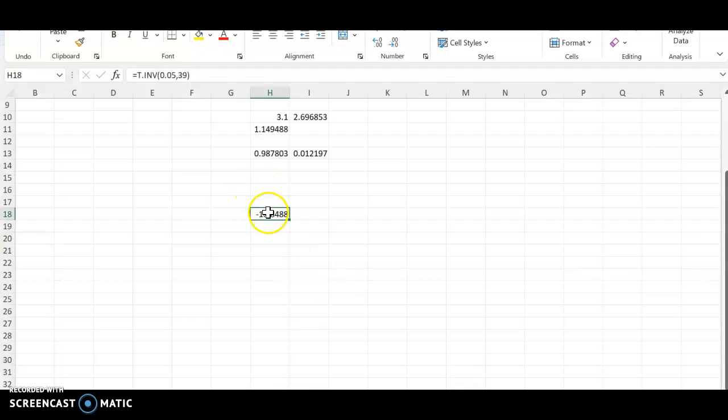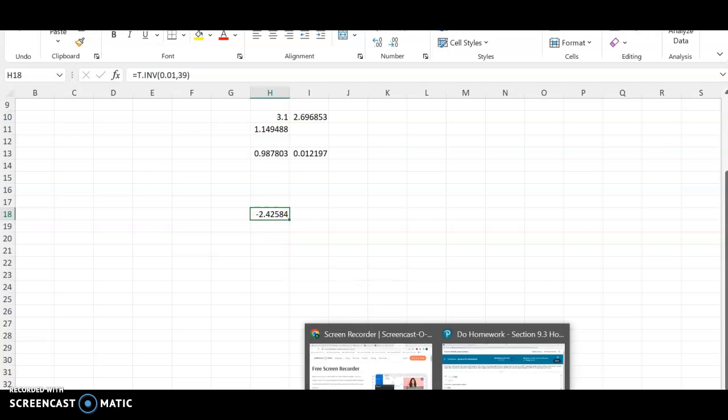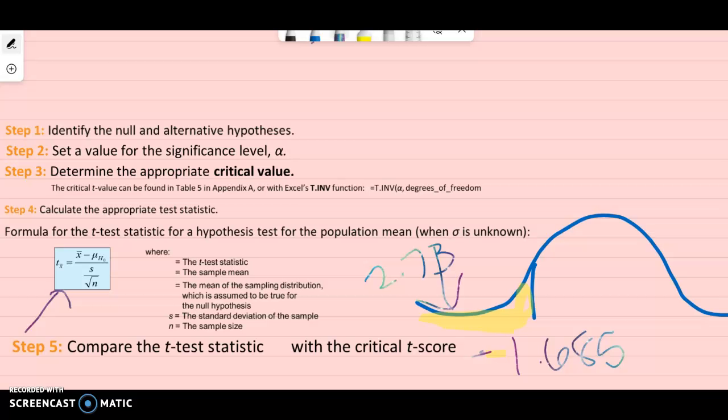Does changing the value of alpha from 0.05 to 0.01 affect the conclusion? Well, if we go back and change this to 0.01, our critical value would change to negative 2.426.